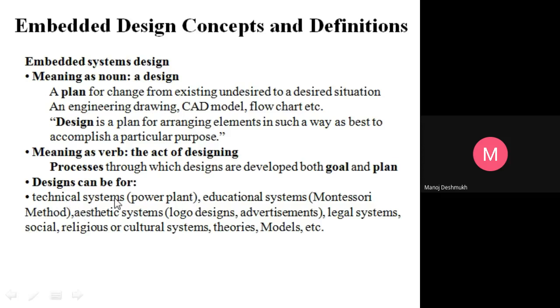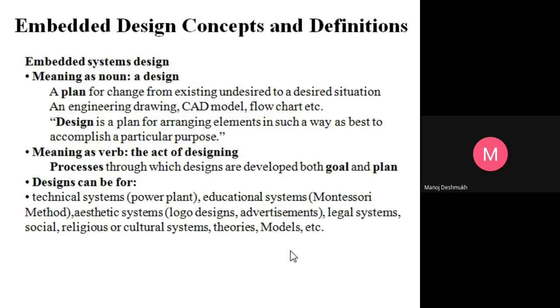Design can be for technical systems, that is power plants, sugar factories, educational systems, that is automatic college bell, water system, some bells, some hooters, emergency systems, that is firefighting, earthquake detection, and sensors where we are using embedded systems, like intensity or automatic light controlling in educational as well as commercial complex societal applications.